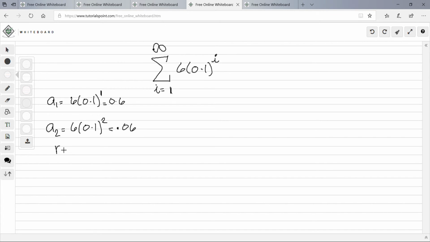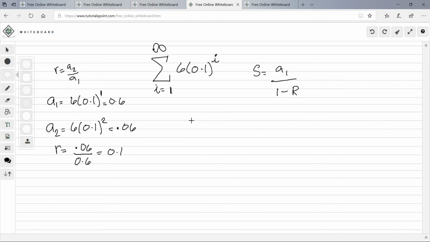So the common ratio is a2 over a1, right? So it's 0.06 divided by a1, which is 0.6. And that should give us a common ratio of 0.1. So this is infinity, so we're going to use the formula S equals first term over 1 minus ratio.